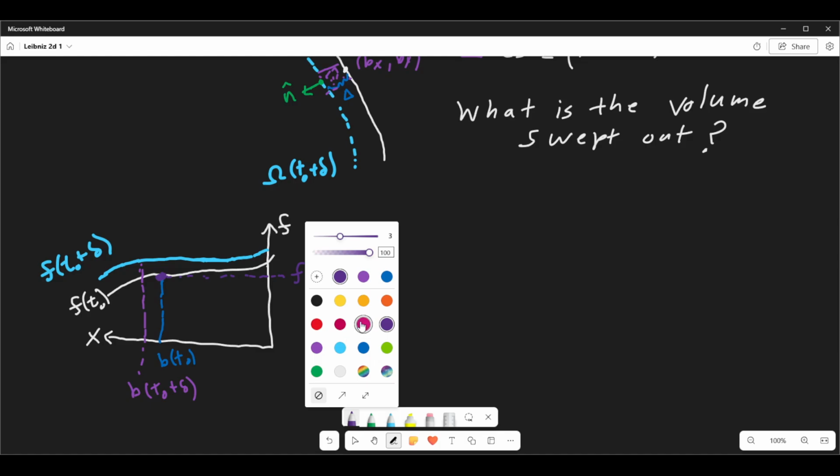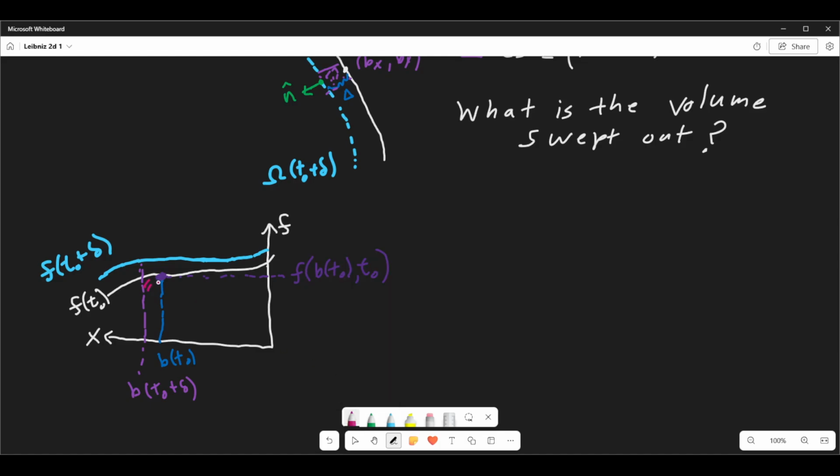And then there's an area in here. So there's some area that's swept out. Now it turns out that this area can be calculated simply by using the point here, where the boundary was at t naught, and just cutting straight across.